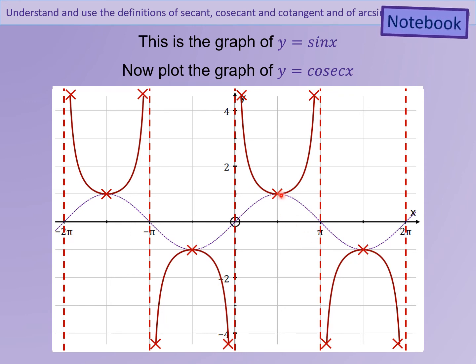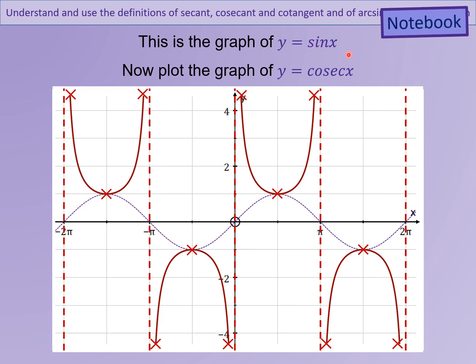Why? Well, let's have a think about this. How are we going to get a value of, let's say, a half just here? Now, the only way you're going to get a half for cosec, remembering that cosec is 1 over sine x, if I want a value of a half, that means the 1 over 2, that's what a half is, the 2 has got to be the sine x bit.